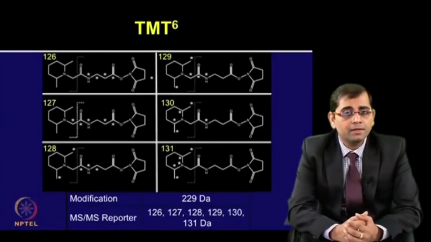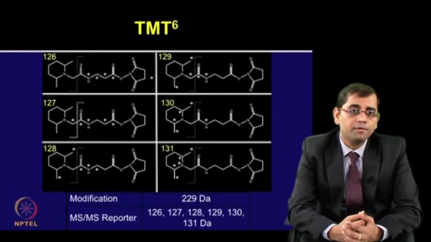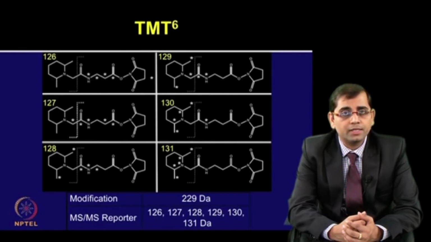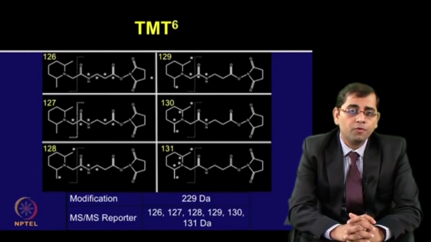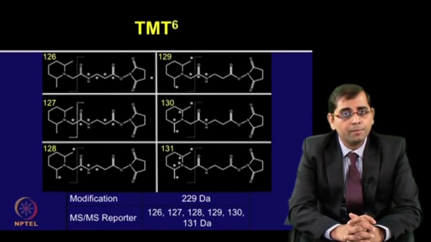It provides accurate quantification of peptides and proteins. By using different types of TMT tags, one could perform multiplexing experiments of 2, 4, 6 or 10-plex.